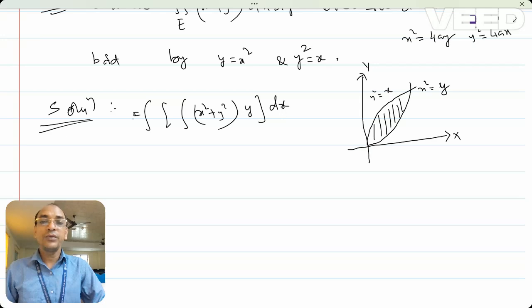As I have told you, the variable taken as the outer integral should have constant limits. So what will be the constants?